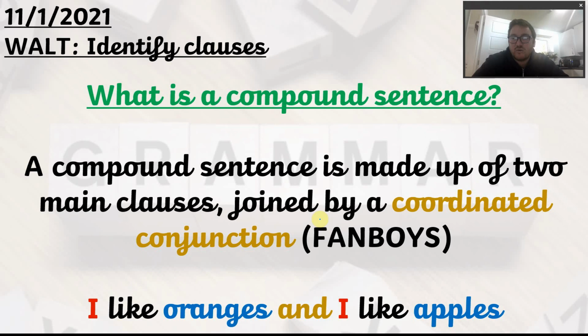So they include lots of different ways of connecting two main clauses. And as we know, a main clause is just a simple sentence. So for instance, I like oranges and I like apples. Two simple sentences, I like oranges, as well as I like apples. They both make sense by themselves, and they are joined by the word and.